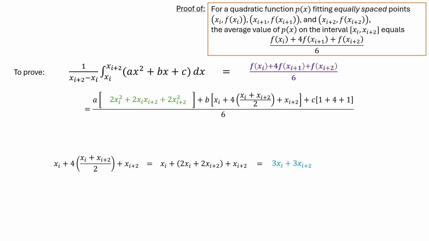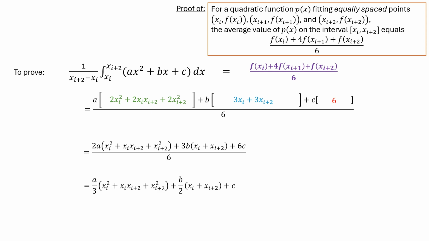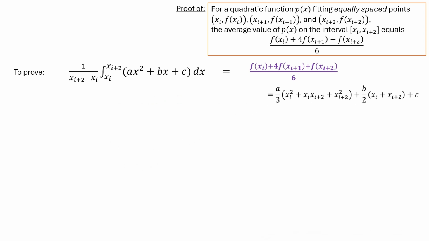Then 1 plus 4 plus 1 is 6. Rewriting, factoring out a 2 and a 3, and then splitting up the fraction gives us this nice result. So we know the right-hand side is equal to this. Just putting that up there where it goes, how cute.